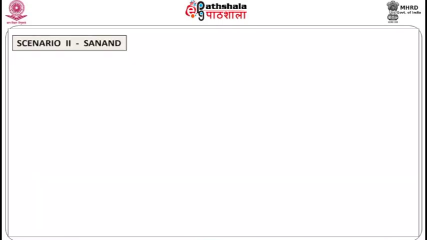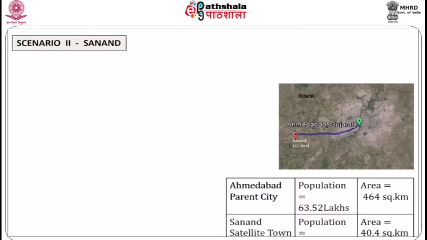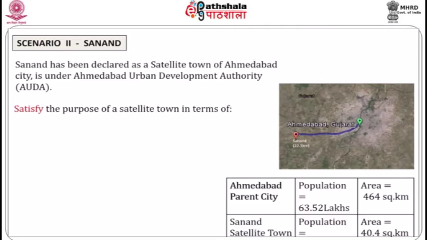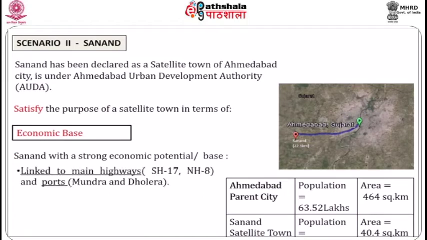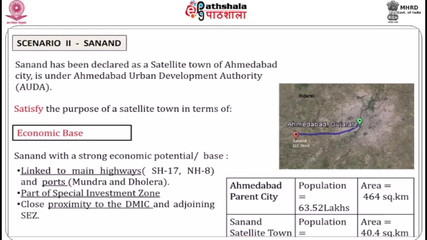Coming to the next case, that is scenario 2, where Sanand was planned as a satellite town to Ahmedabad, under the Ahmedabad Urban Development Authority, to satisfy the purpose of a satellite town in terms of economic base. So Sanand had a strong economic potential.